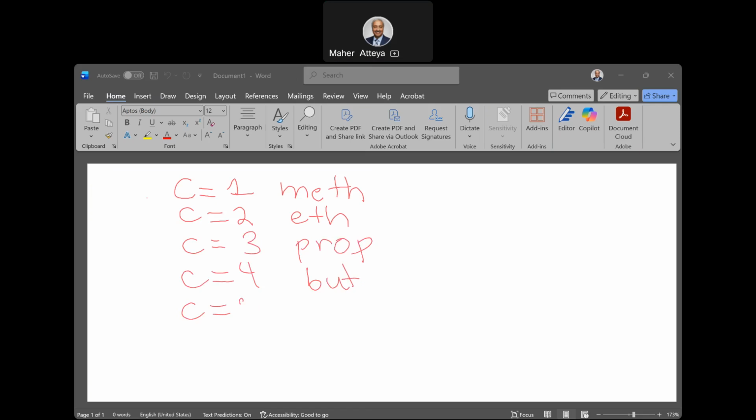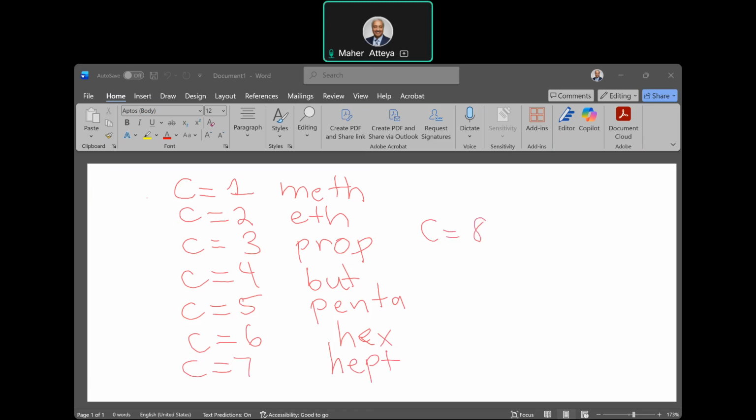Carbon 5 is pent. Carbon 6 is hex. Carbon 7 is hept. We'll take up to 10. Carbon 8 is oct. Carbon 9 is non. Carbon 10 is dec.